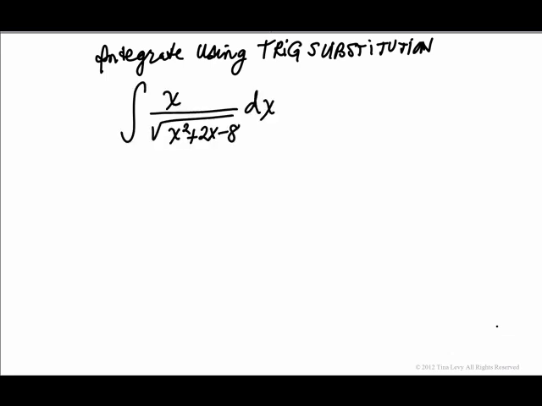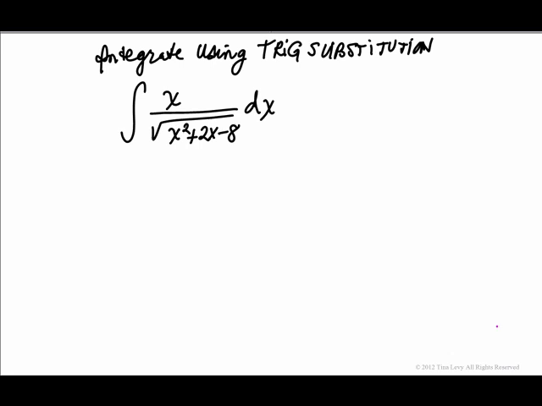We're going to integrate, using trig substitution, the integral of x over the square root of x squared plus 2x minus 8 dx. Now this is a quadratic, so we are going to write it so it will fit into the forms that we need for trig substitution.